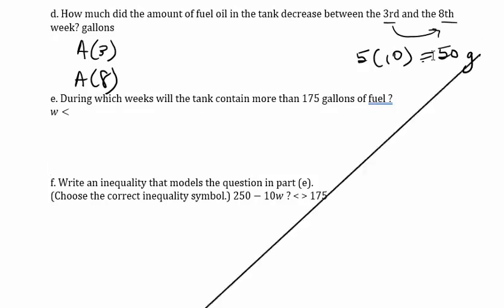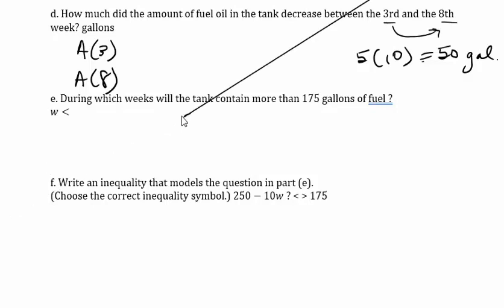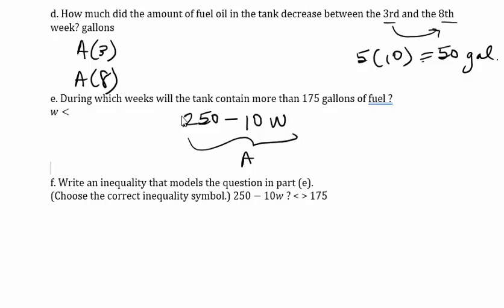Okay, in part E, during which weeks will the tank contain more than 175 gallons of fuel? We could write an inequality and say 250 minus 10W. Okay, so that's the amount of fuel altogether, A. We want to know when that is greater than 175.